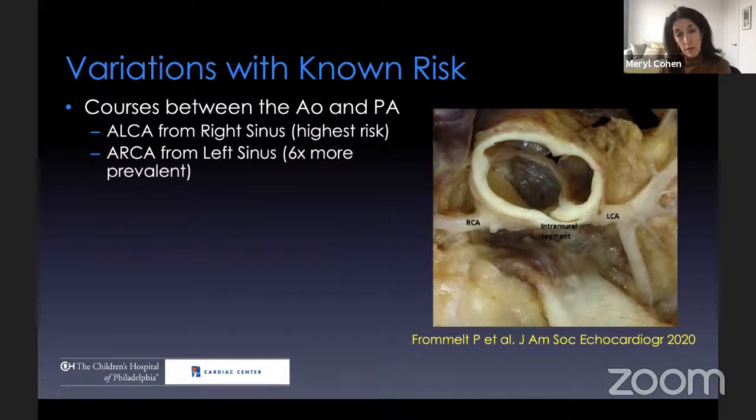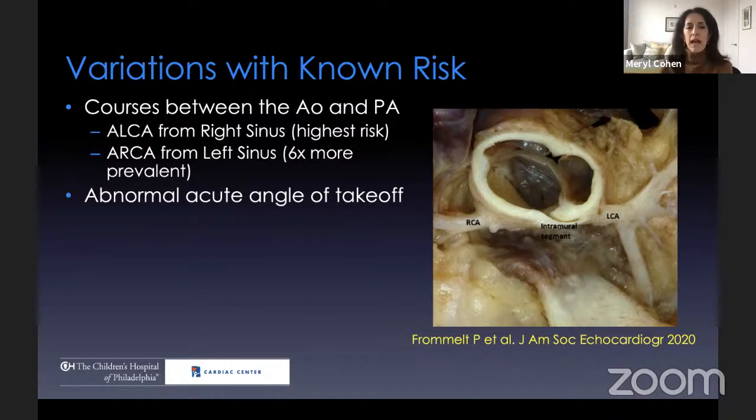This is much more common, fortunately, than anomalous left coronary, but much lower risk of sudden death in this population. And in fact, most surgeons will fix an anomalous left coronary artery once the diagnosis is made. Anomalous right coronary artery, there's some controversy still remaining about whether those need to be intervened on or not.